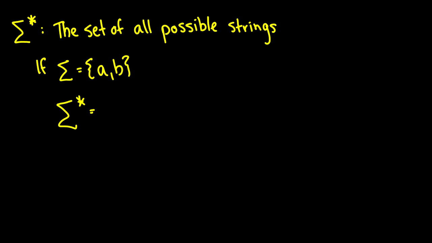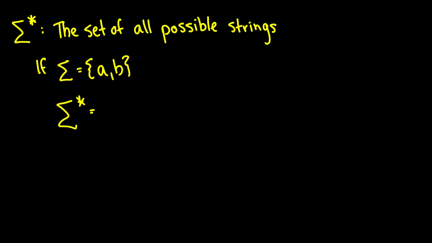So, what happens when we take an alphabet and put an operator on it called the star operator? Instead of having an alphabet of acceptable characters, this sigma star is a set of all possible strings or words in the language.